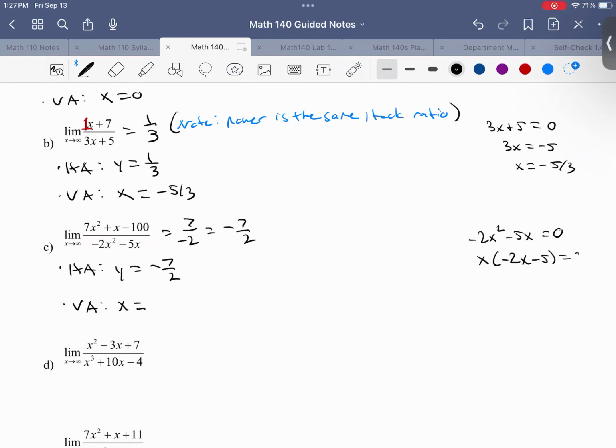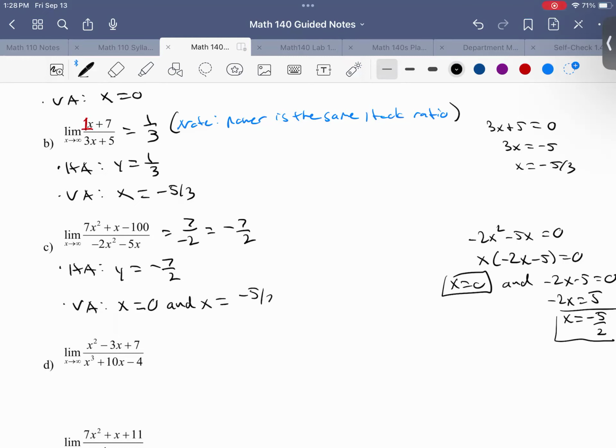So x equals 0 and -2x minus 5 equals 0. So that's one of the values already, and we just solve for x for this guy. So we move the 5 over, we should get -2x equals 5. Divide both sides by -2 and get -5/2. So our vertical asymptotes are going to be at x equals 0 and x equals -5/2.